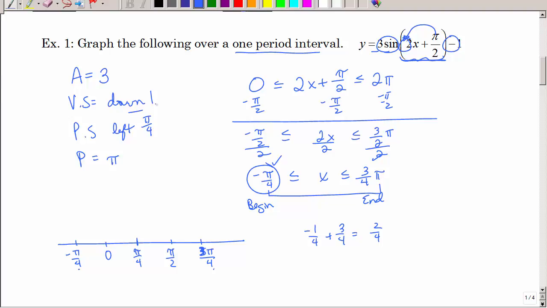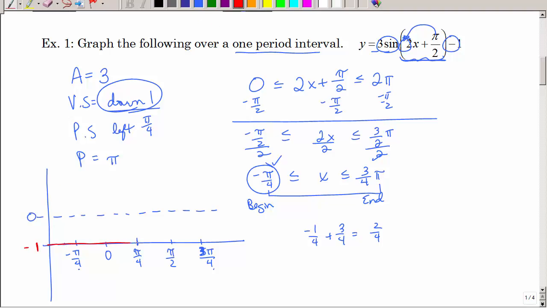Now at this point you can put your vertical axis anywhere you want to. Sometimes for me it's convenient to do it out to the side here. And since I'm going to be down 1, I know my original x-axis was up here. So this would be at 0. So if I'm down 1, this is at -1.